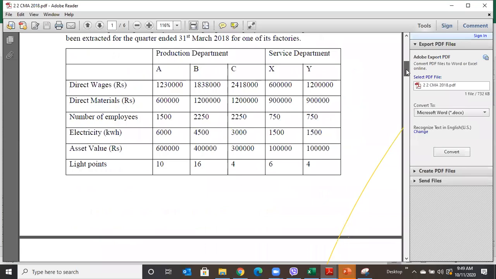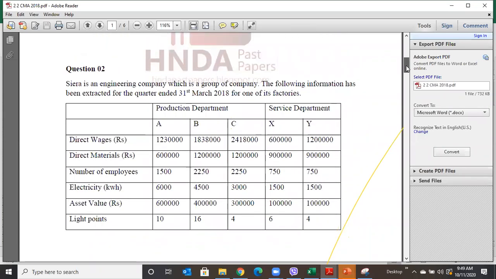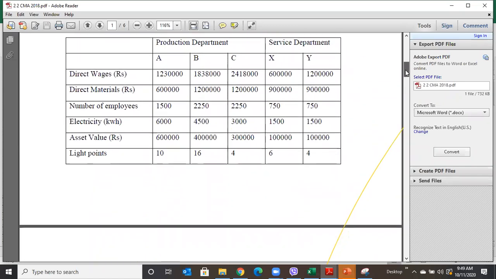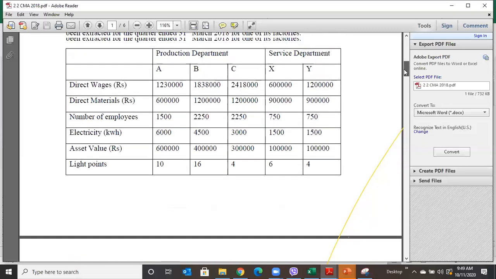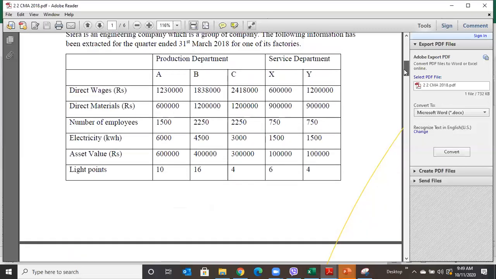Then how is the direct labor rate? Direct wages have been given.